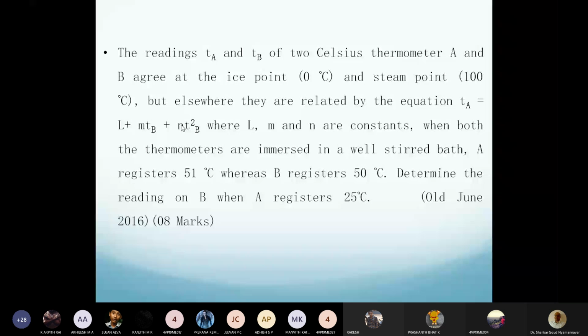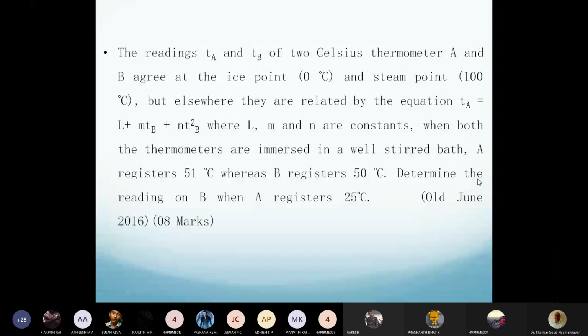Try to understand here: when the A scale registers 25, that means the TA value is given. When thermometer A registers 25, the meaning of that sentence is, you should be thorough in reading the English. What he says is determine the reading on the B scale.